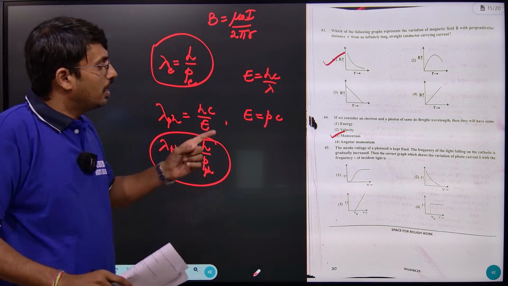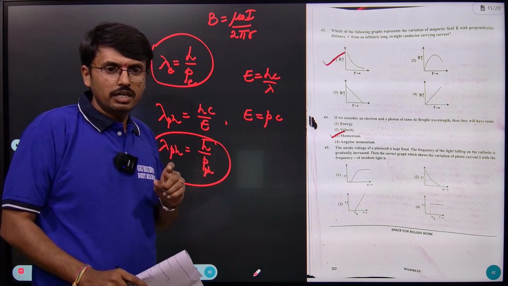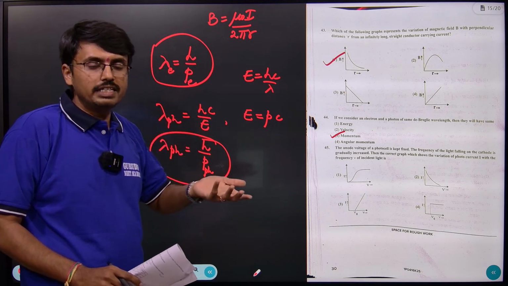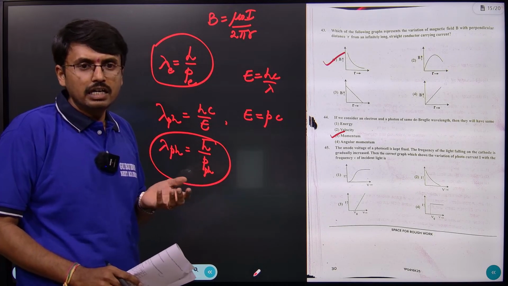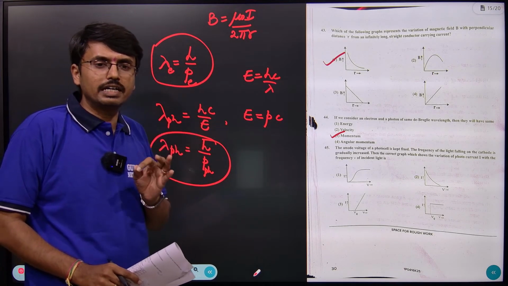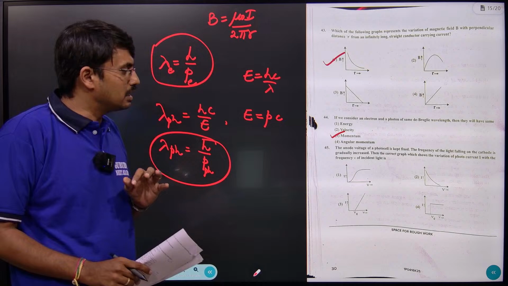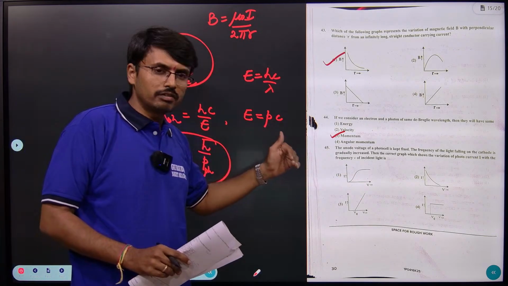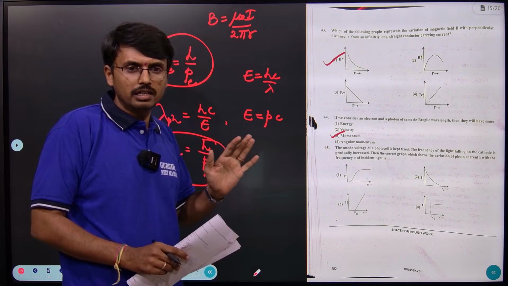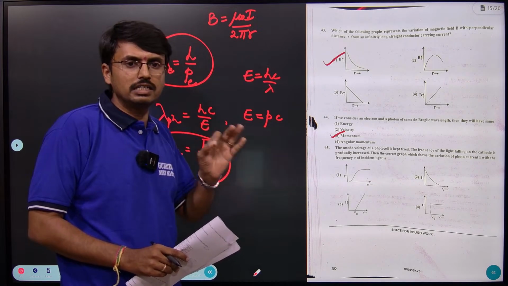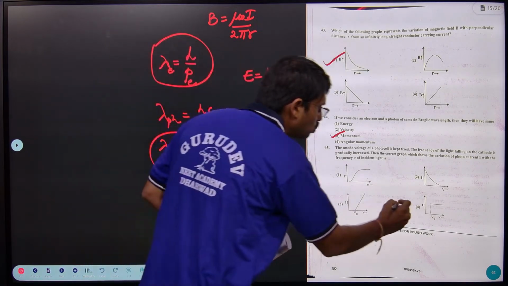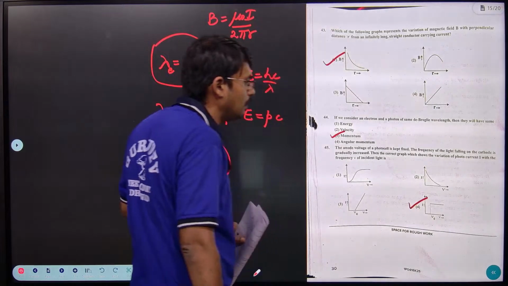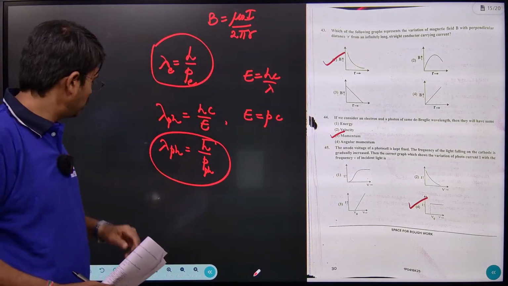If the frequency changes, it does not increase or decrease the intensity. We know that photoelectric current is directly proportional to the intensity but not the frequency. In this particular case, frequency is changed. They have not told anything about the intensity, so it implies that it is constant. Therefore we can choose the fourth graph, that will be the right answer. It is a constant with respect to that.